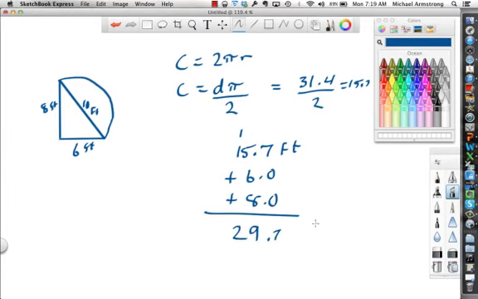So 29.7, if I did all of my math right. So the perimeter equals 29.7. Now P, capital P, make it a large P, stands for perimeter. That's just how that works.